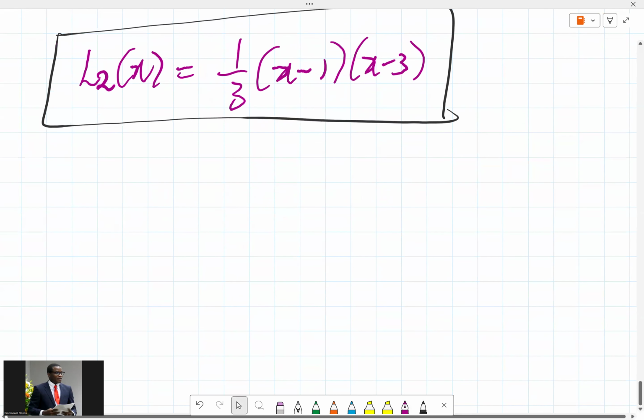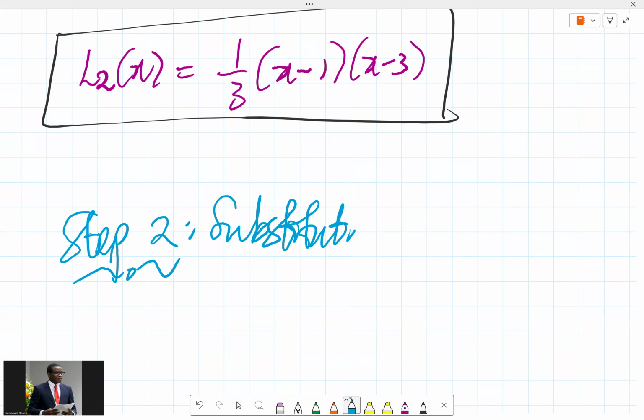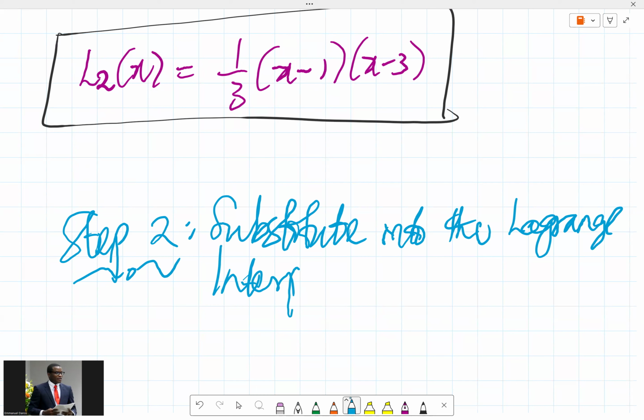So let's go to step 2. Step 2, we have found all the basis polynomials. So step 2 is to substitute into the Lagrange interpolation formula.